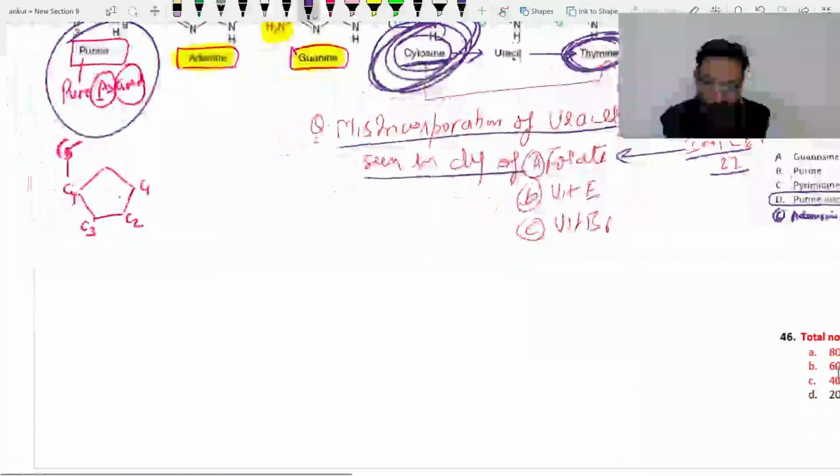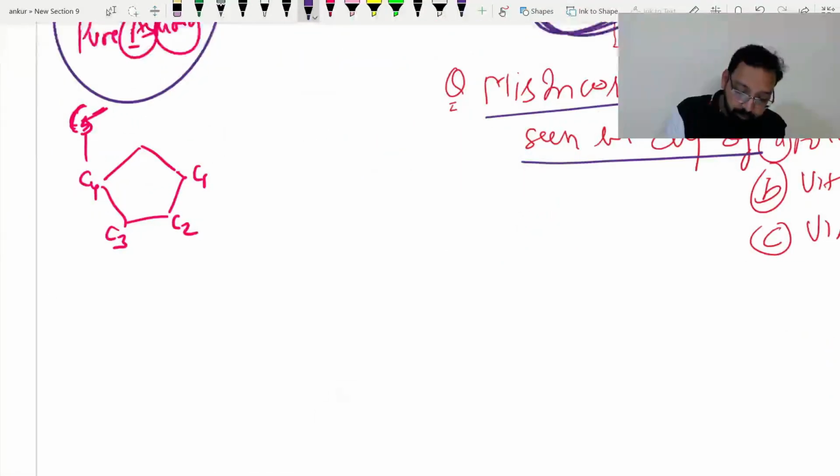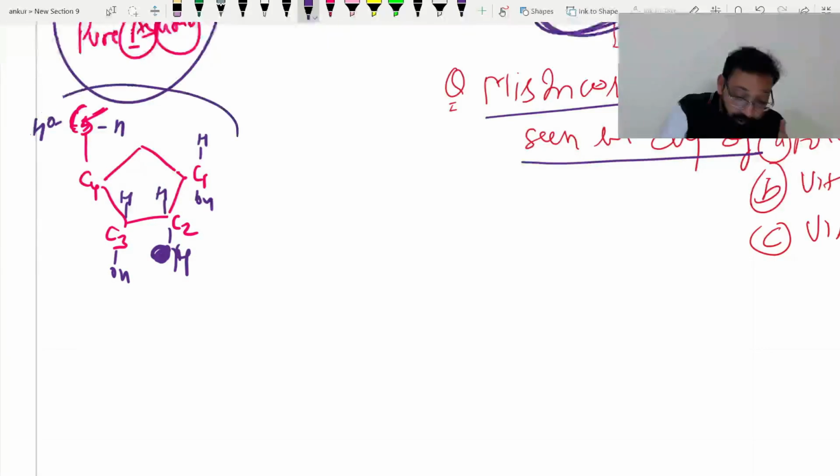Now, this is a pentose sugar, C1, C2, C3, C4, C5. Ribose is a pentose sugar. If I draw, this has OH, C2 has OH, C3 has OH, C5 has OH. So ribose sugar has 5 carbons and 4 OH, and if I remove one oxygen from C2, removal of oxygen is called deoxygenation. This is ribose sugar.